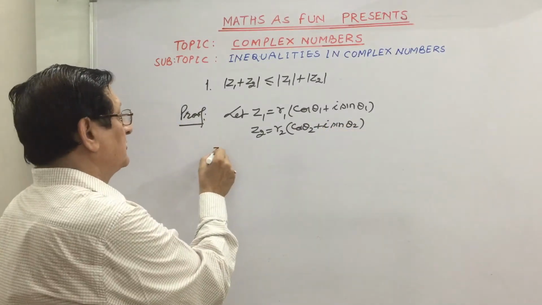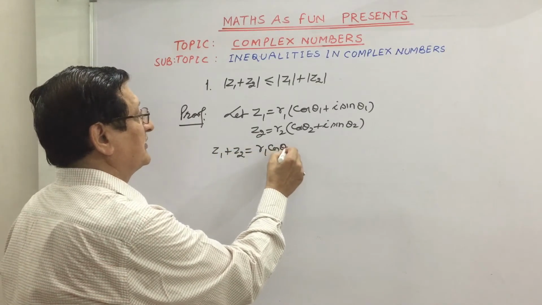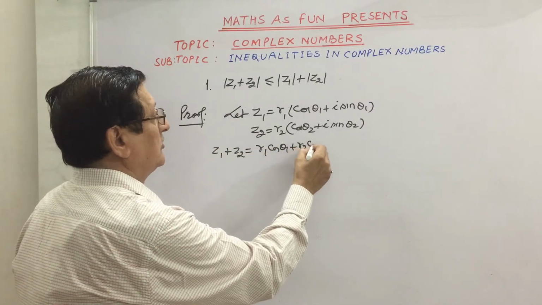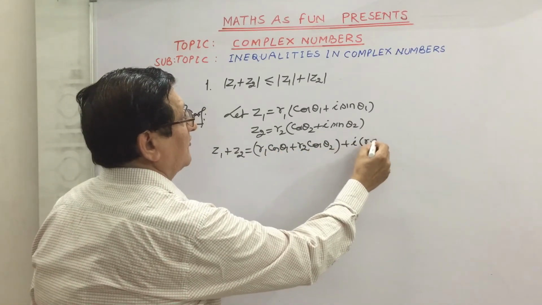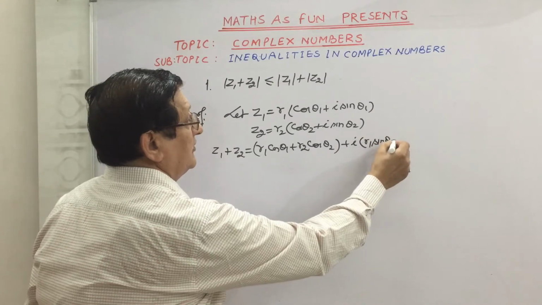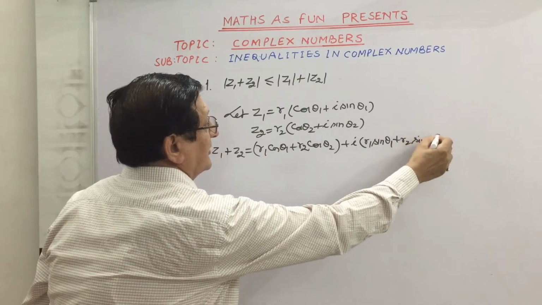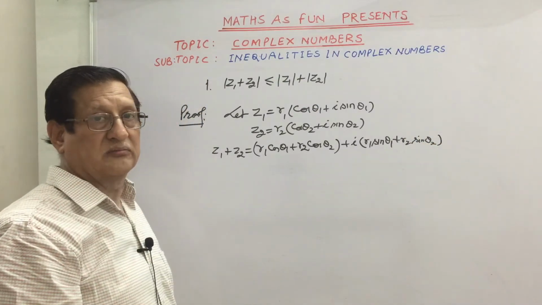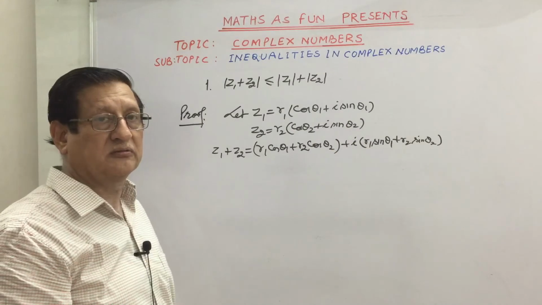We know that z1 + z2 is r1 cos θ1 + r2 cos θ2 + i(r1 sin θ1 + r2 sin θ2). We know how to add complex numbers. Real part is added to real part and imaginary part is added to imaginary part.